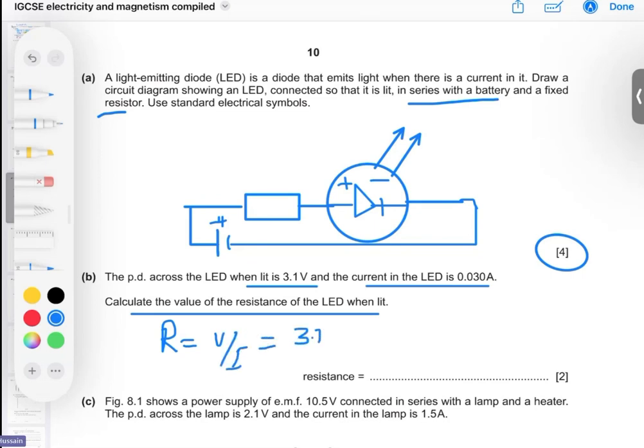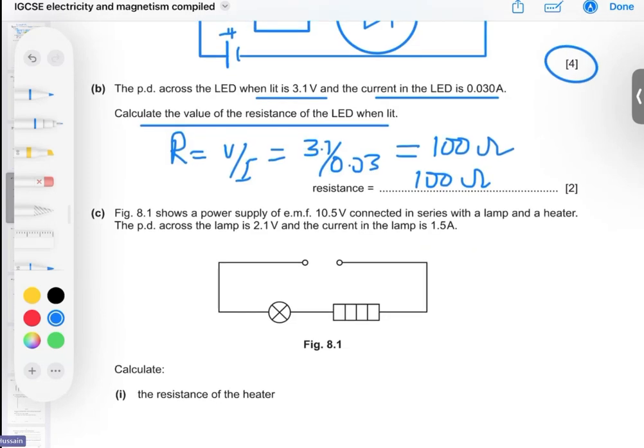Voltage is 3.1 when it's lit, and current is 0.03 amperes. So what's the resistance? 103. 100 ohms, right? Yes. Okay.